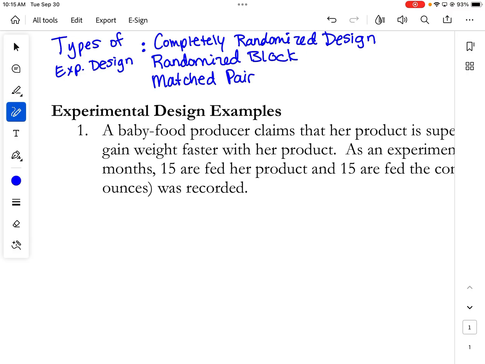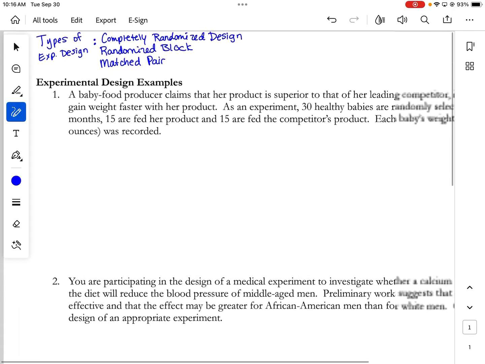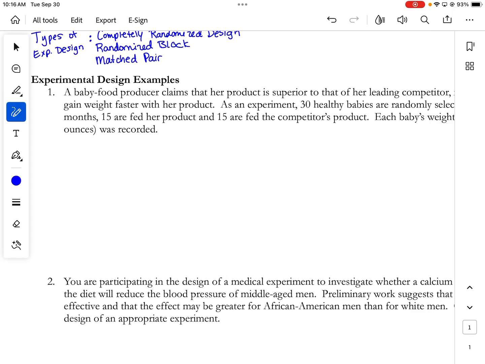So an example would be with weatherproofing boots. You could have a person have a weatherproof boot and then a non-weatherproof boot, and then wear it for 3 months and see the difference. So that would be matched pair, because you have your left foot and your right foot. They're going through two different treatments. The treatments is the weatherproofing, and then you look at the results of how the boots held up.